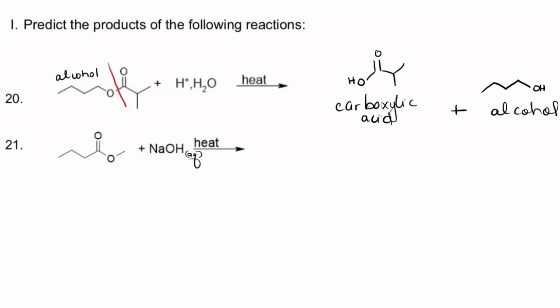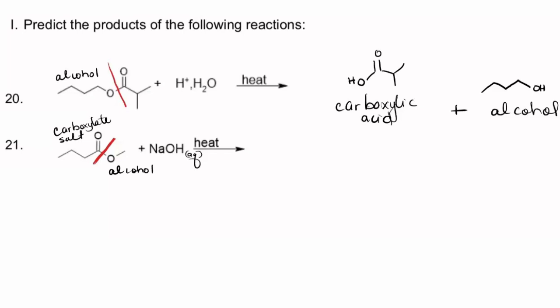Similar to what we did in the acid hydrolysis, we're going to write a line in between the C double bond O and the single bond oxygen. Wherever we have the single bond oxygen, that is going to be the alcohol that will form. Whatever we have, the C double bond O, that's going to be the carboxylate salt that forms.